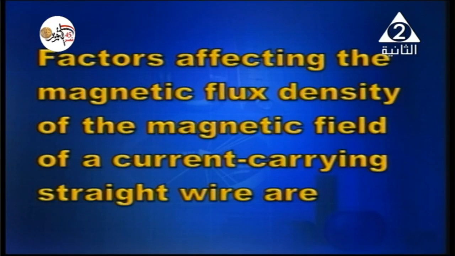And now, talking about the factors affecting the magnetic flux density of the magnetic field of a current carrying straight wire. What about the factors? Of course, they are known from the relation that gives the magnetic flux density, B, which is equal to μI over 2πd.